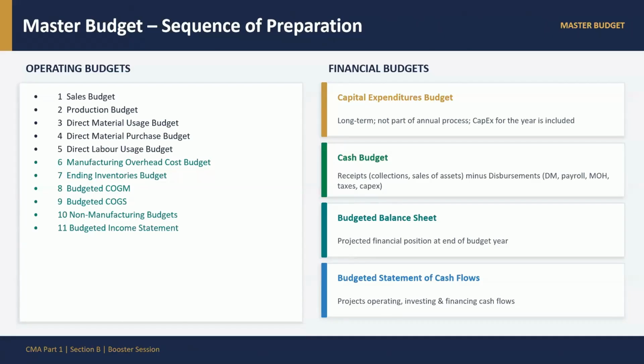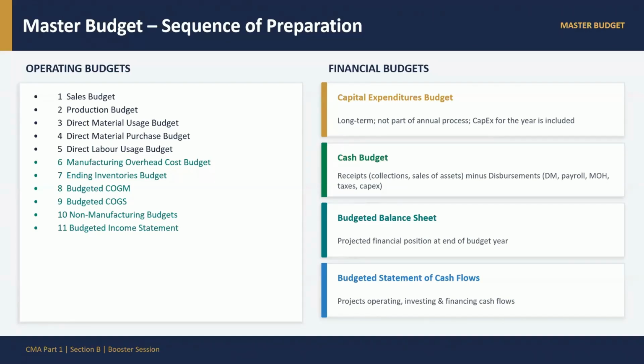Once you know the sales units, you prepare your production budget according to the estimated sales. Based on that, you prepare the direct material usage budget. Based on the materials you want to use, you prepare your purchase budget. Based on your production data, how many units you have to produce, you prepare your direct labor usage budget.